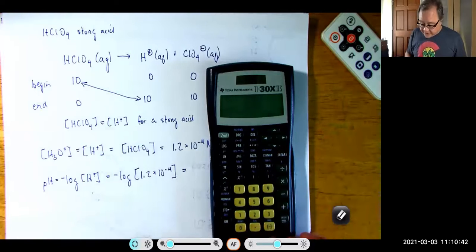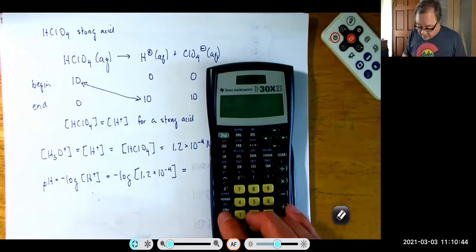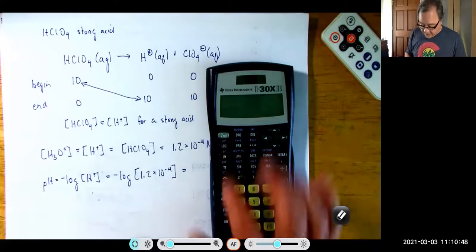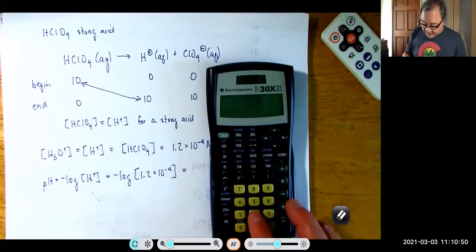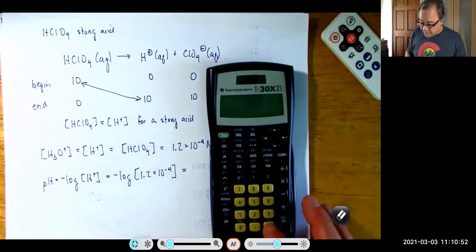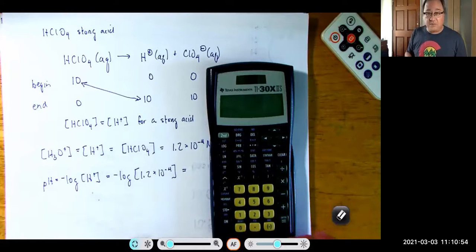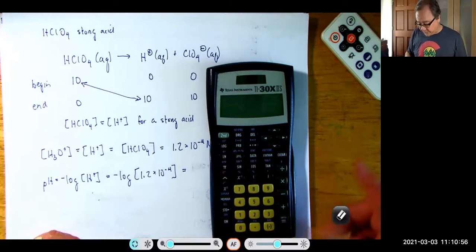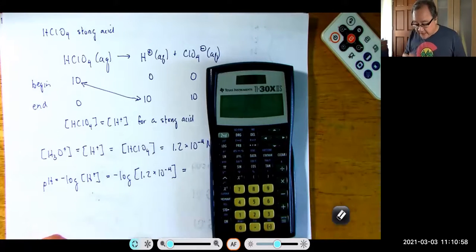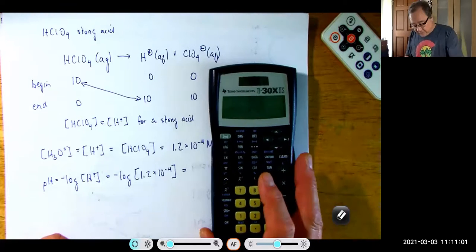I believe I pushed negative log. Where's my log button? There's my log button. 1.2 second EE negative 4. And I usually don't push the second bar. I just put equal. And I get 3.9204.